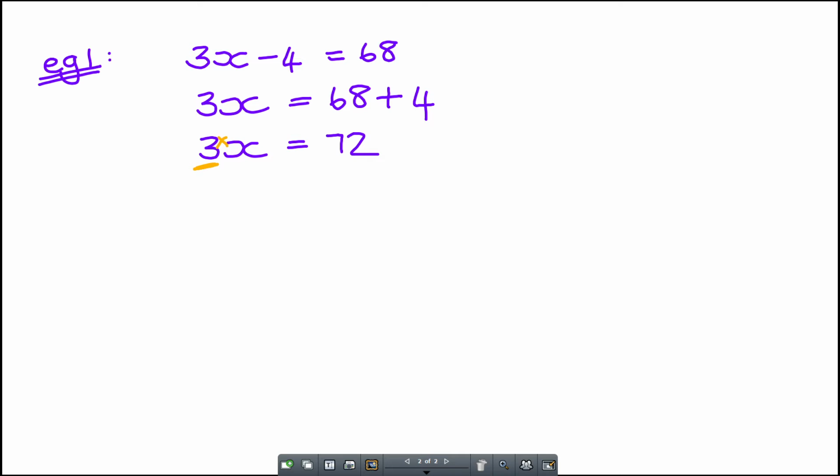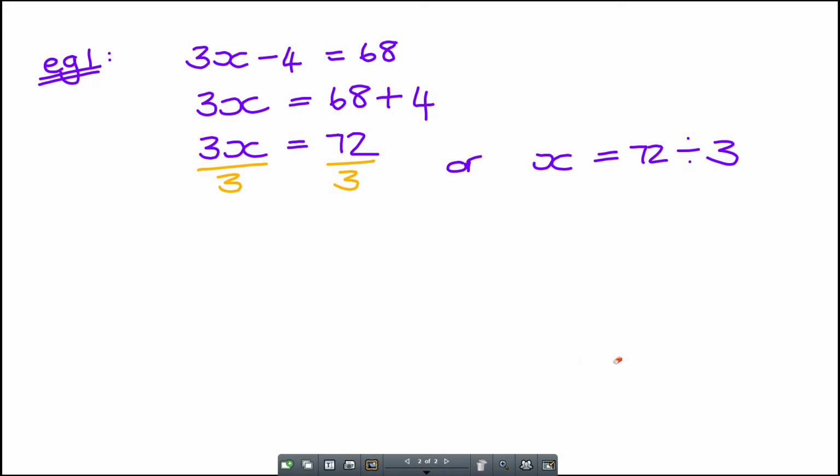So if I want to get rid of this 3, what do we do? I divide by 3. Now, lots of kids prefer saying this: divide by 3, divide by 3. Same thing. So you either write that or you say x is equal to 72 divided by 3.